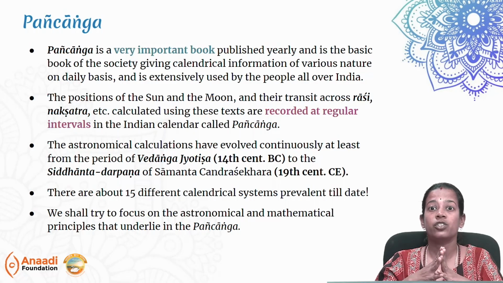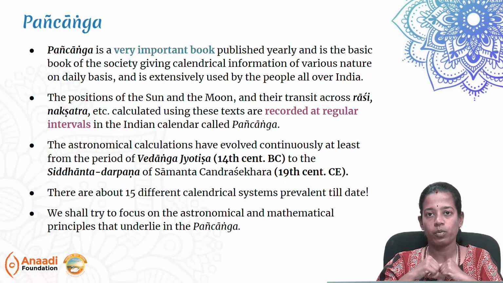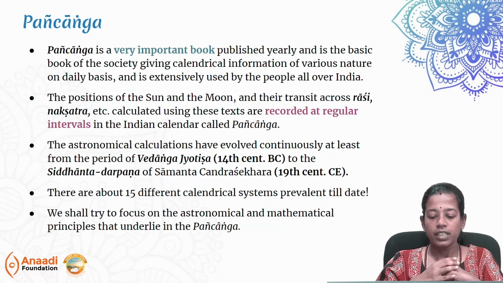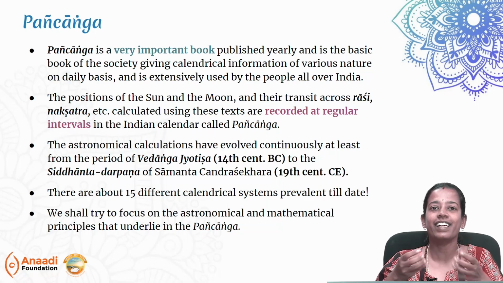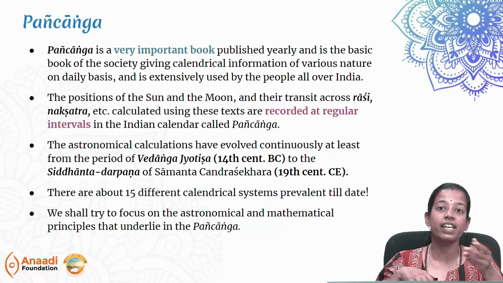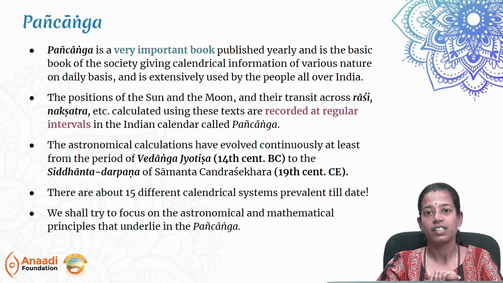It's called the Panchanga. It is a highly scientific, mathematically accurate book of knowledge. We will see how. It is an important book that gets published every year, and it is a very basic book for society, giving calendrical information of various natures on a daily basis.